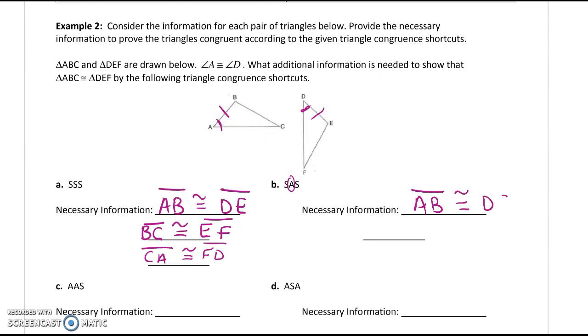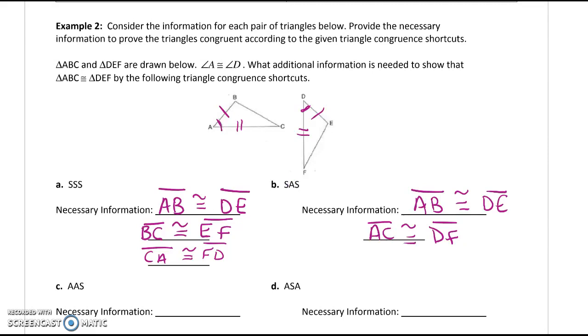Segment AB is congruent to segment DE, and segment AC is congruent to segment DF. And there you have it. The angle is in between, and it is included in the two sides.